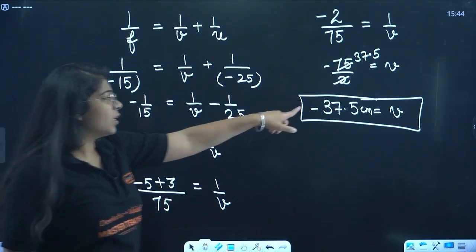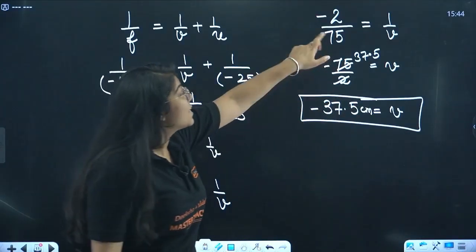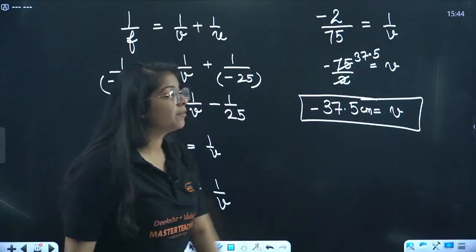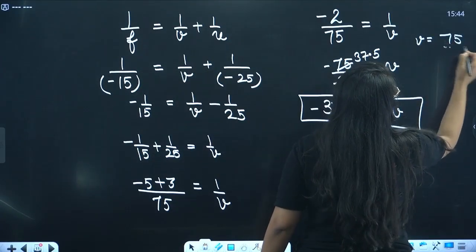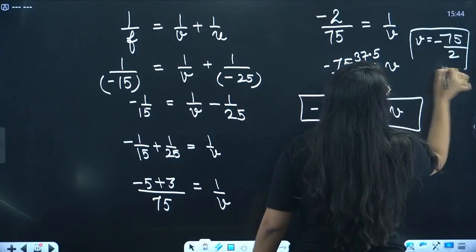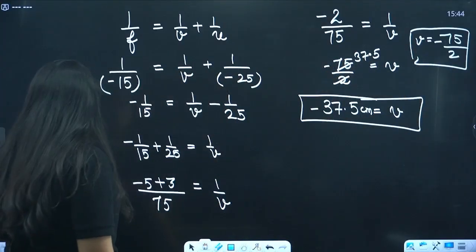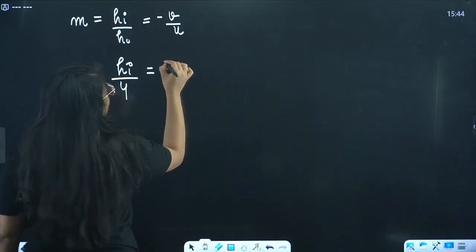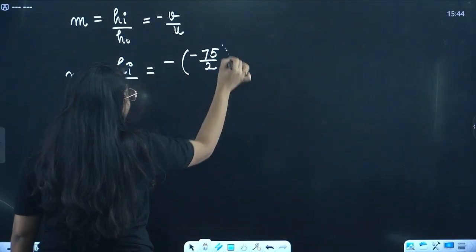Now beta, you can use minus 37.5, but is it easier to calculate? No. 75 by 2 is easier to calculate. So v was minus 75 by 2, I can use that value as well. So here I have minus of minus 75 by 2. There are two minuses.